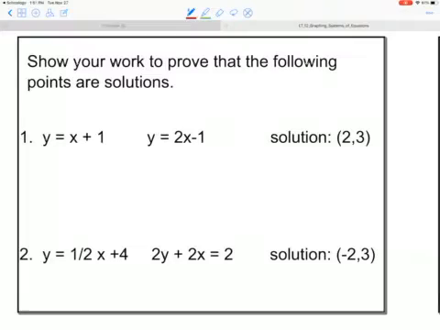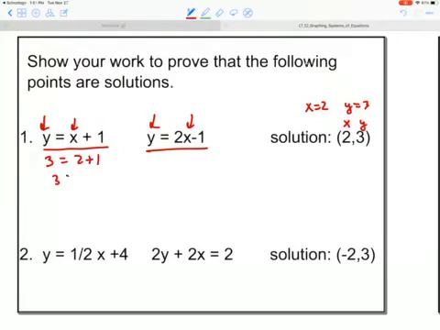Let's prove that the solution we have here is the solution to the system. In number 1, what makes it a system is that I have 2 equations, both with 2 different variables in them. The solution is (2, 3). That tells me my x is equal to 2 and my y is equal to 3. So I plug 2 in for x and 3 in for y, and I get 3 equals 3.